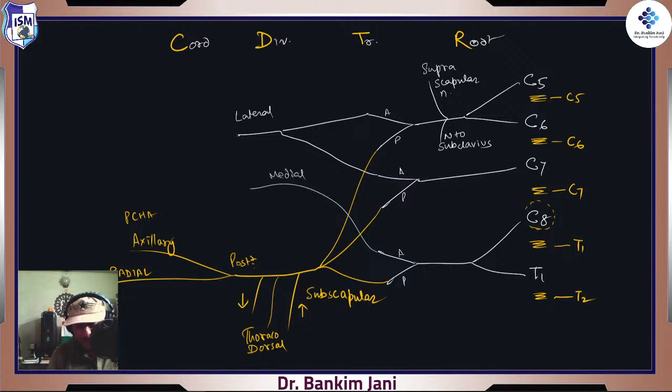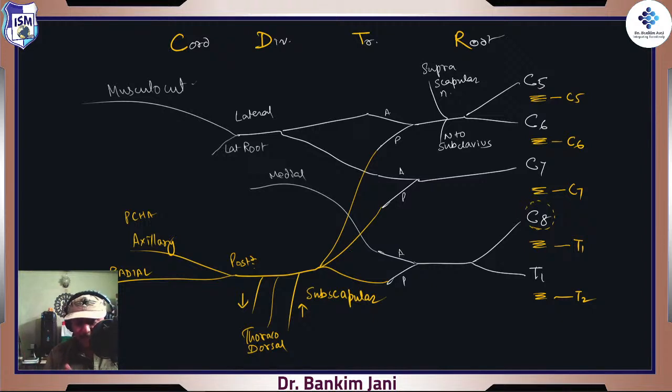Divide. This lateral will give one important branch, and in fact it is very important. It is the musculocutaneous, right? And then this is what? This is the lateral root, right? Someone asked whether it would be the lateral cord or lateral root.